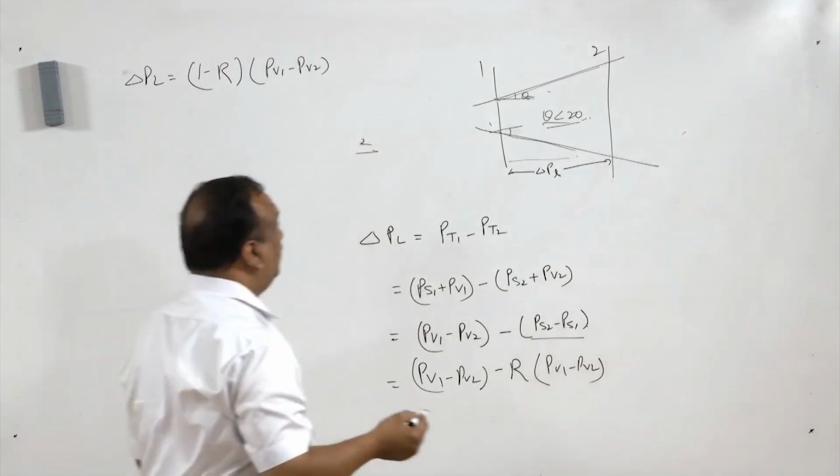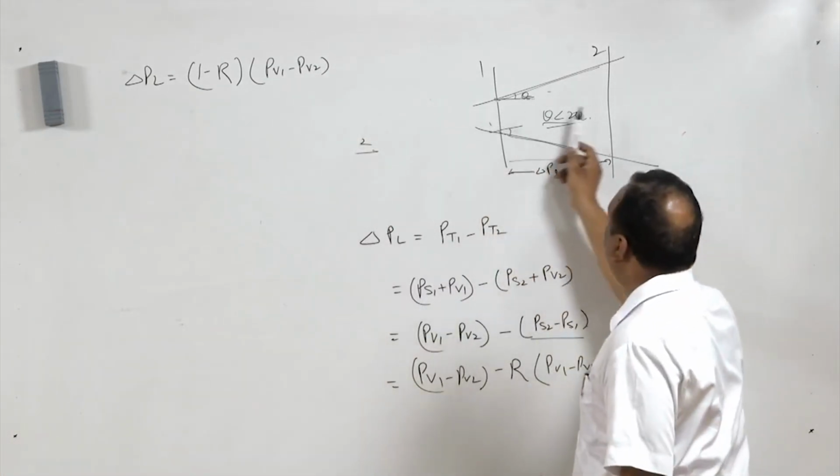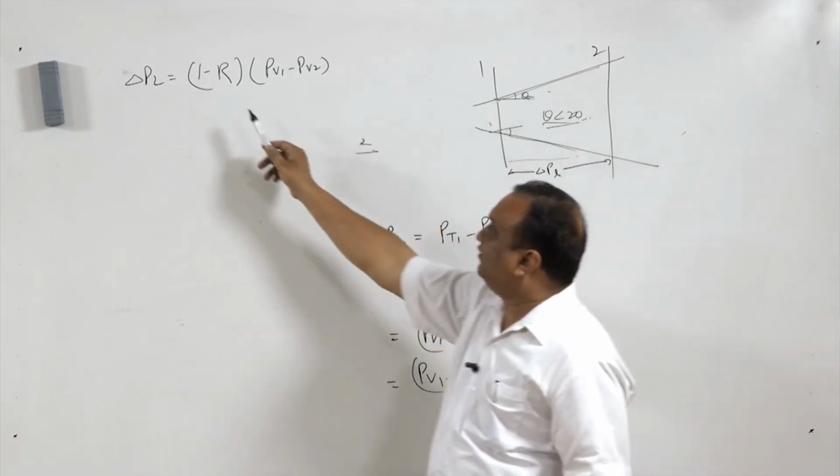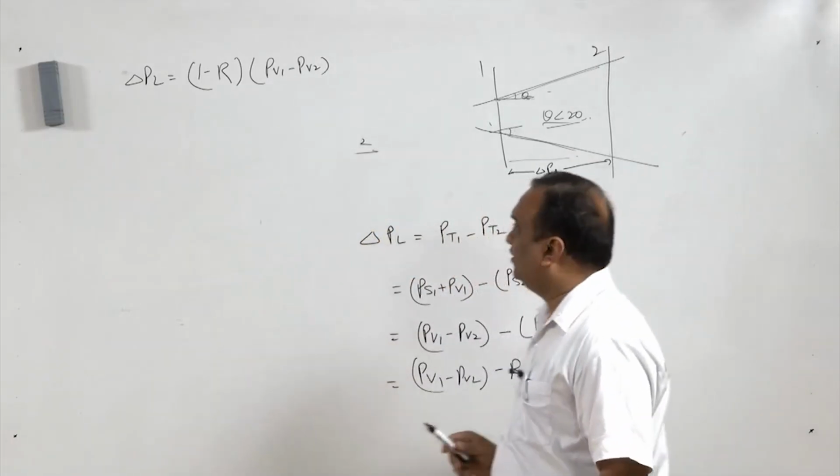It means if I know the velocity at state 1 and at state 2, and the static regain factor, I will get the pressure loss.